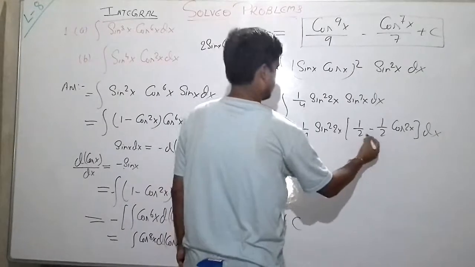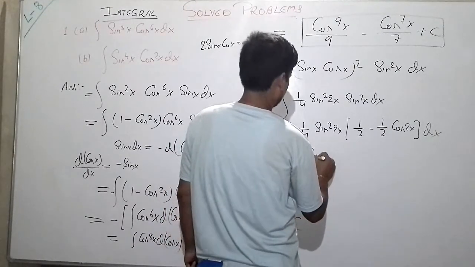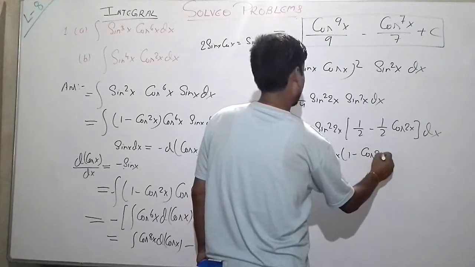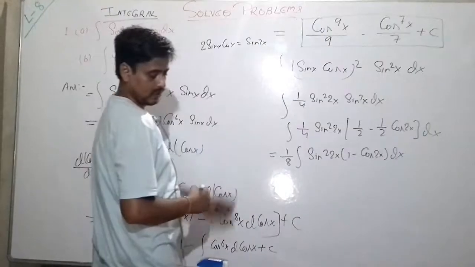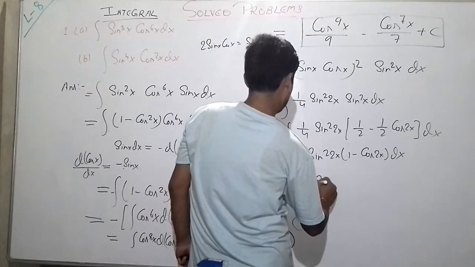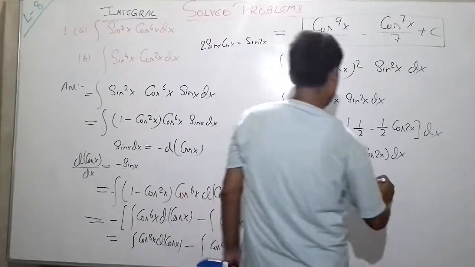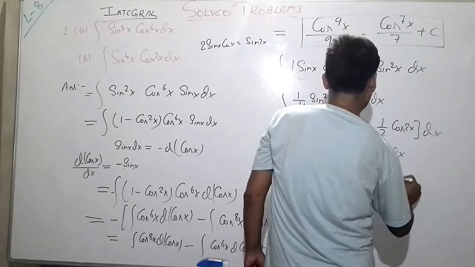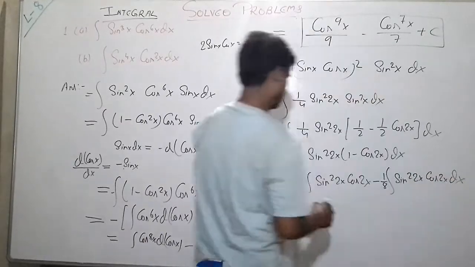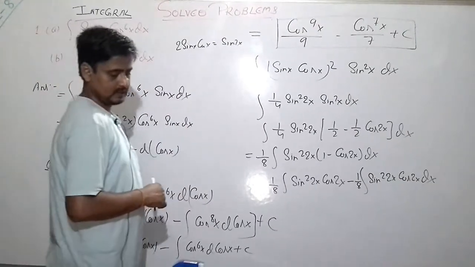Now we take our 1 by 4 and 1 by 2 and it will become 1 by 8 sin square 2x times 1 minus cos 2x dx, and then 1 by 8 sin square 2x minus 1 by 8 sin square 2x cos 2x dx.